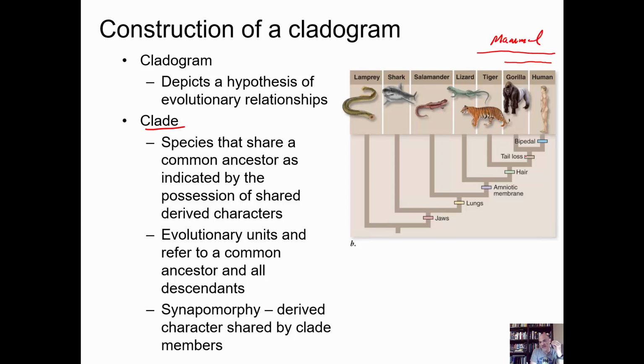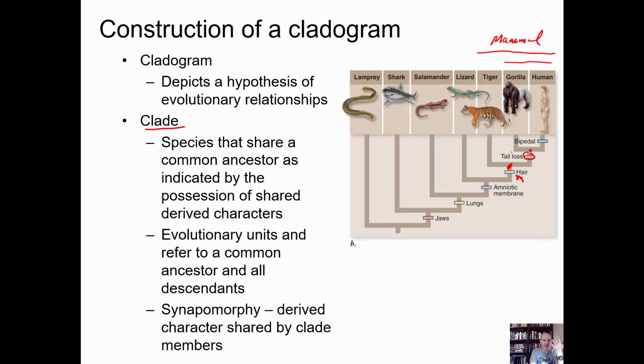And so the tail loss clade is defined by losing the tail there with some common ancestor that lost the tail, and then descent with modification, you get the different groups with no tail. When we look at the mammal clade, which is a broader clade, it shares common ancestry with gorilla and the human, and we have a node right there, and the derived character would be hair.